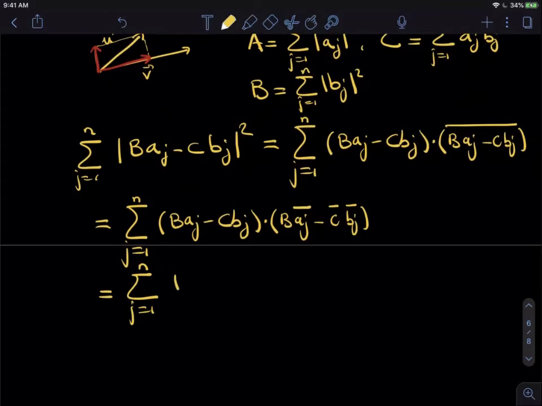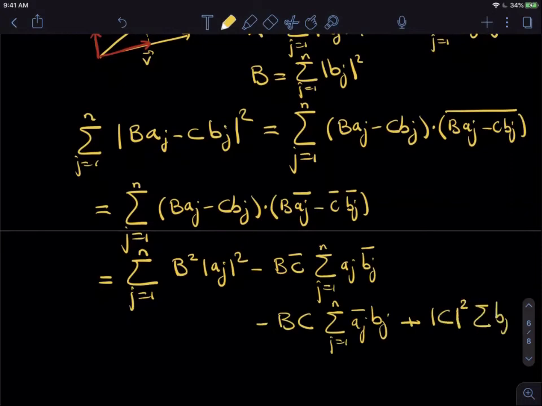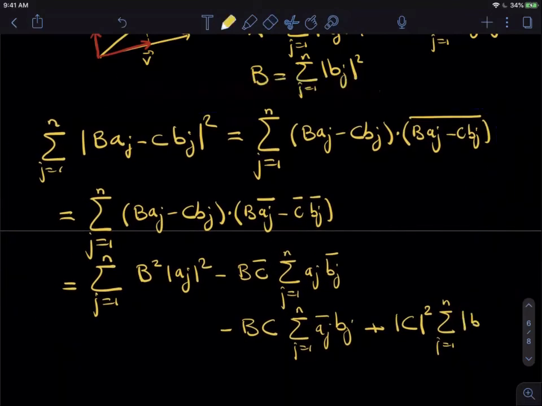So we are going to have B square AJ square minus BC bar, the sum of AJ BJ bar, then minus BC, the sum of AJ bar BJ, and then plus the modulus of C squared, the sum of the BJ squared, J equal 1 to N. And here I'm missing the absolute values.